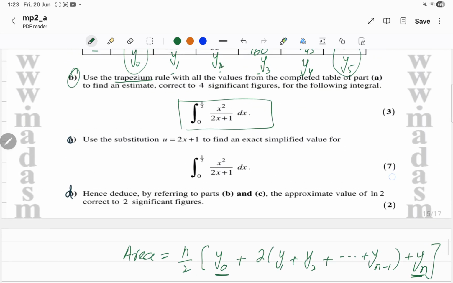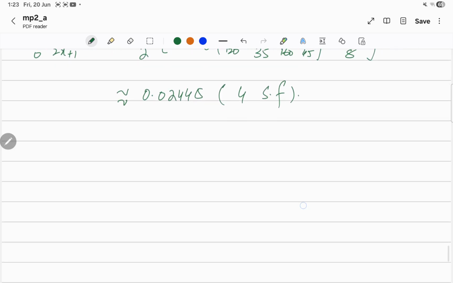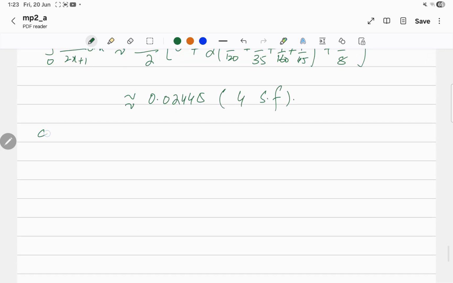Okay, so the next part is, use the substitution u equals 2x plus 1 to find an exact simplified value for the same integral. Now we need to use this substitution u equals 2x plus 1 to solve this integral again for part C. So the given integral is the integral from 0 to half of x squared over 2x plus 1 dx, and the substitution we have to use is u equals 2x plus 1.